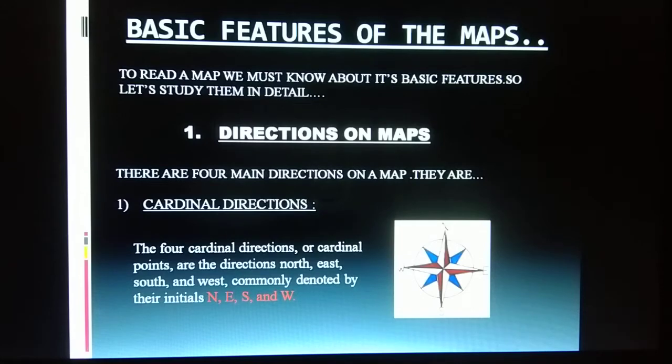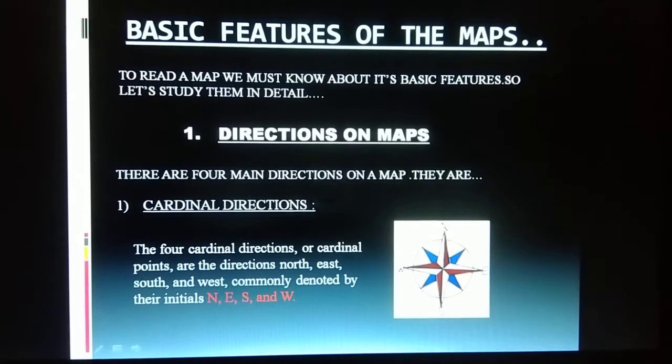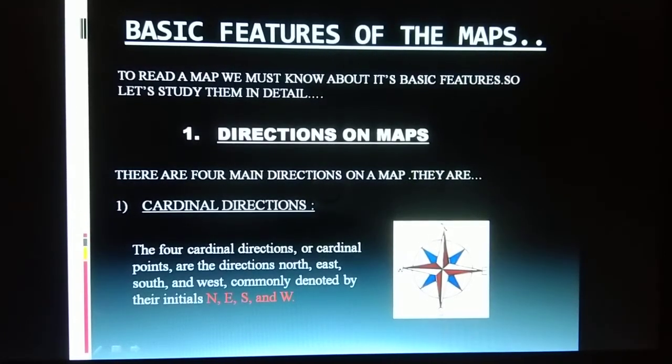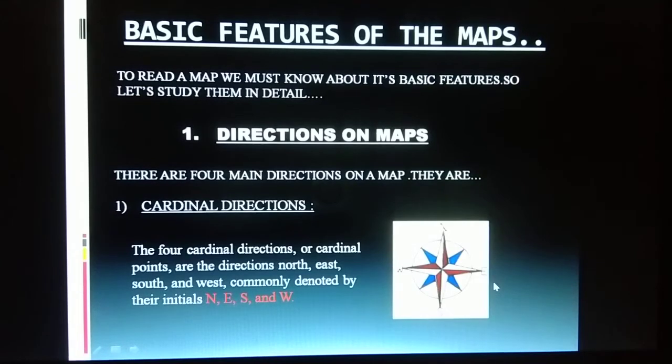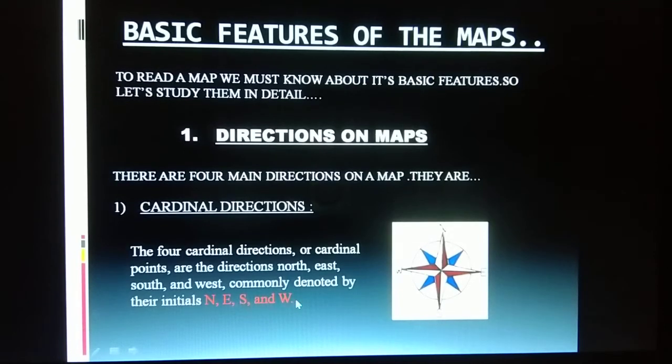Number one, directions on maps. There are four major directions on a map, that is north, south, west and east. These are the four main or major directions. These are termed as cardinal directions and denoted as capital N for north, E for east, S for south and W for west.